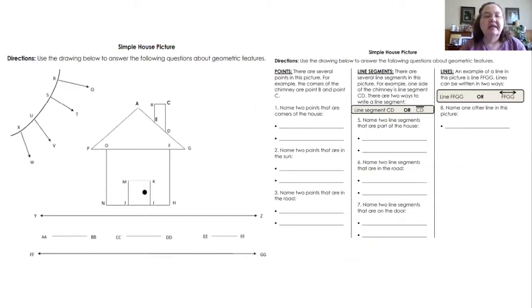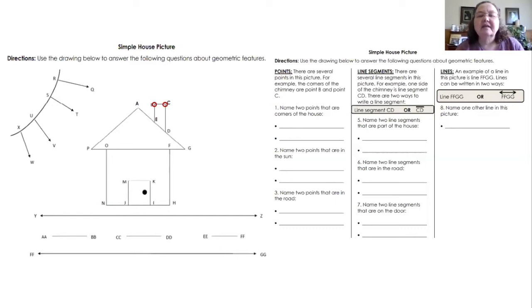So I'm looking at my picture, but here are the directions. I have to use that drawing to answer the following questions. Now it says points. There are several points in this picture. For example, the corners of the chimney are points B and C.